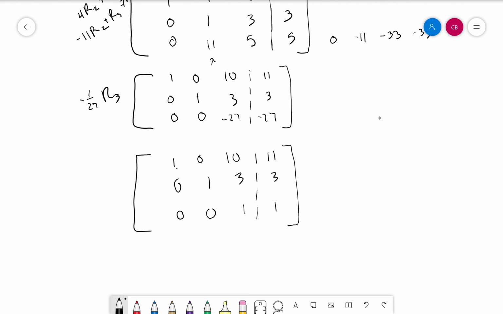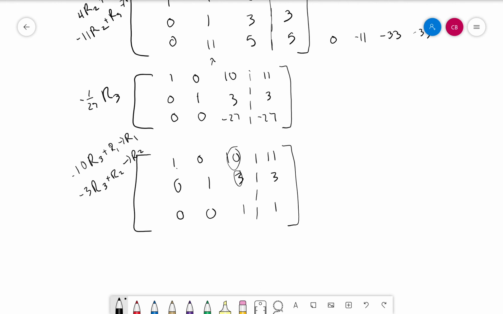Now we need these two things to be zeros, so we're going to do negative 3 times row 3, add it to row 2, yield row 2, and negative 10 times row 3, add it to row 1, yield row 1.